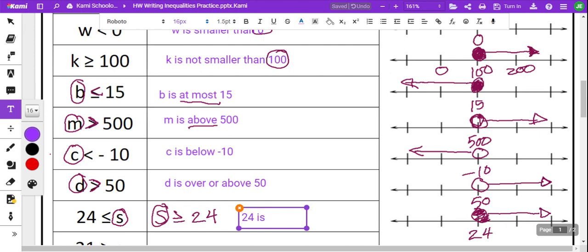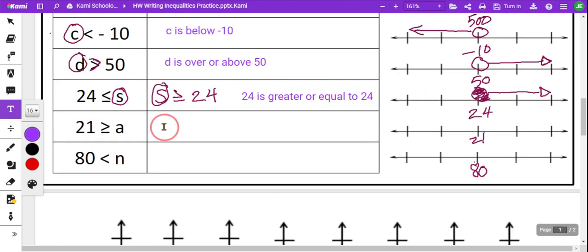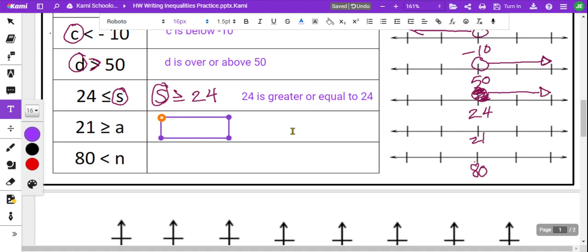24 is greater than or equal to 24. A is on the less than side, the small side of 21, at most 21.